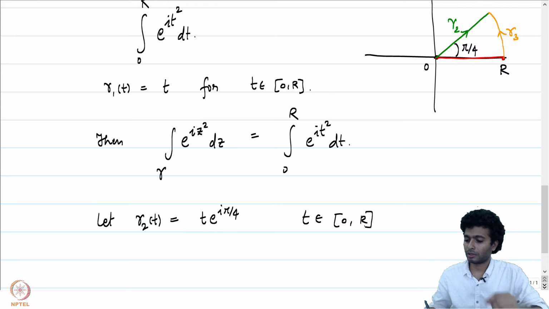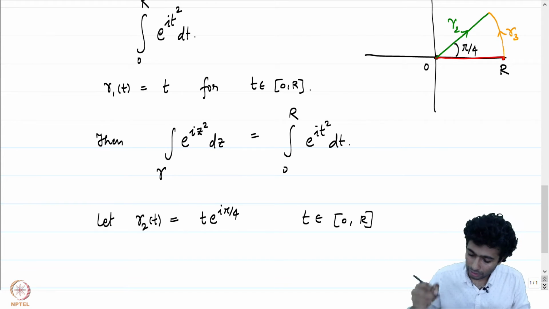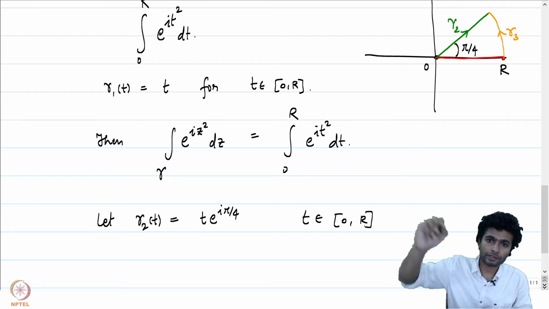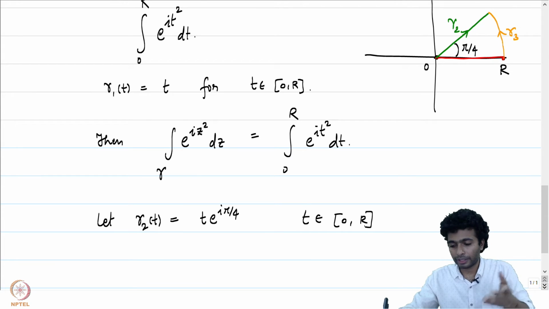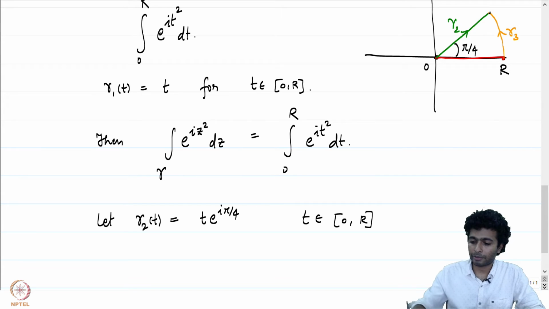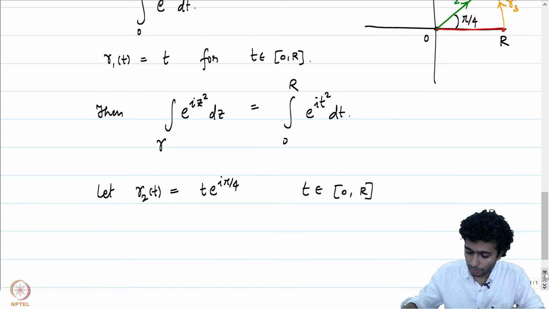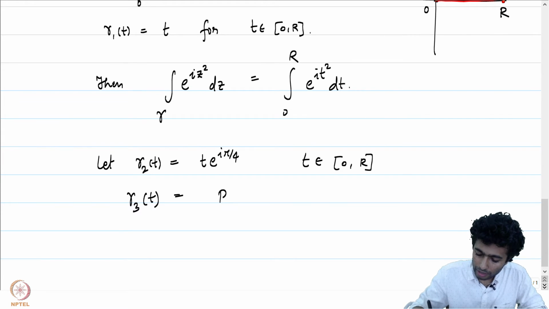If you notice, the starting point is the origin, it's a straight line in the direction of e to the power i pi by 4, and it ends at R times e to the power i pi by 4. This is exactly the point R e to the power i pi by 4. And how about gamma 3? Gamma 3 of t is equal to R e to the power i t for t in 0 to pi by 4.